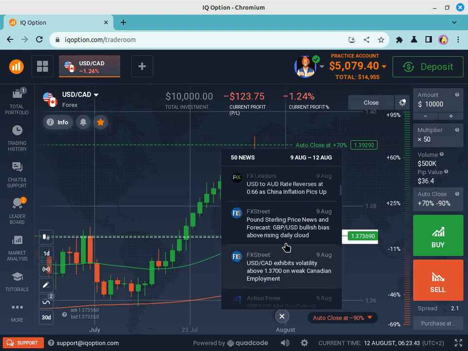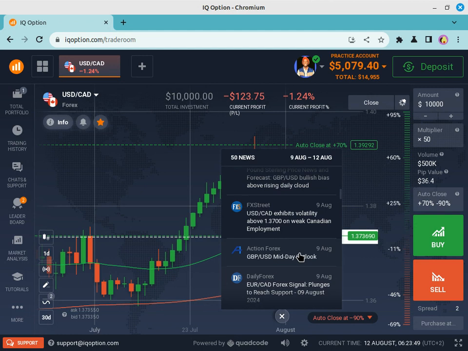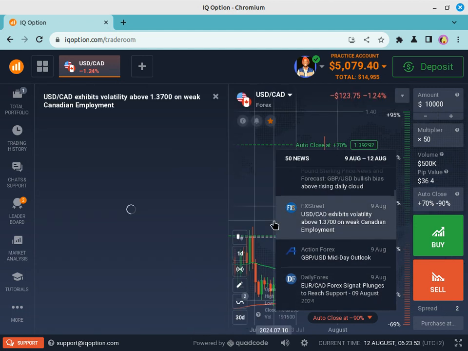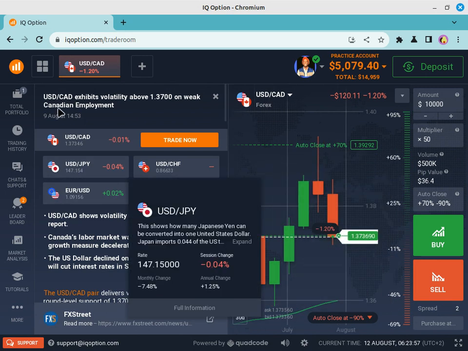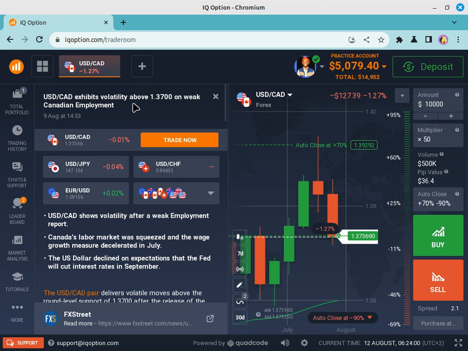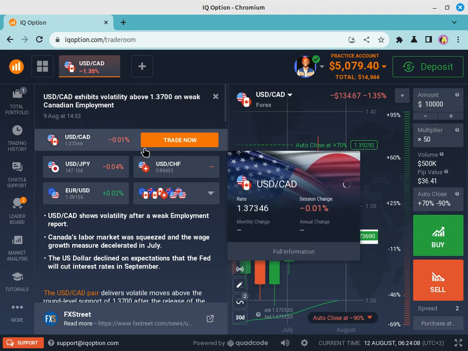So we are looking for news related to the currency pair that we're trading. So we have this one, and then it says USDCAD exhibits volatility above 1.37 on weak Canadian employment.